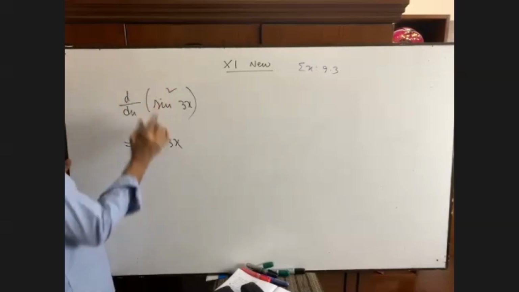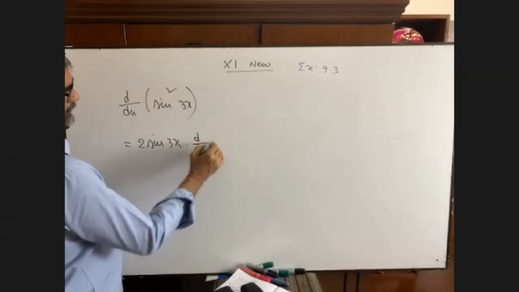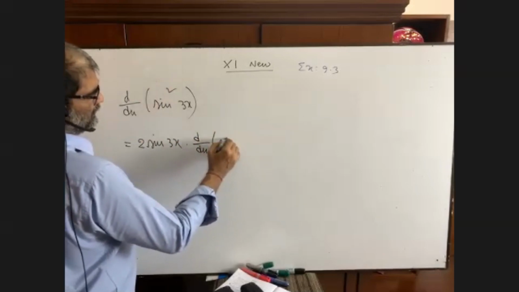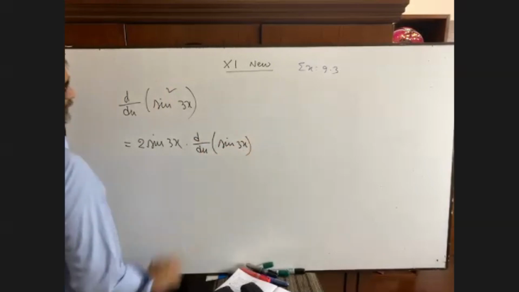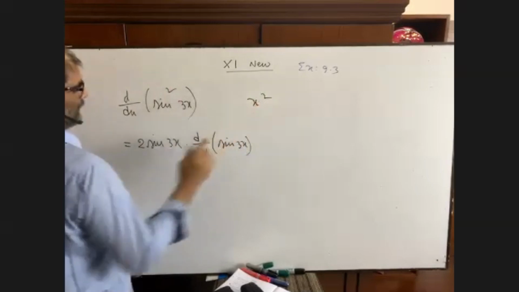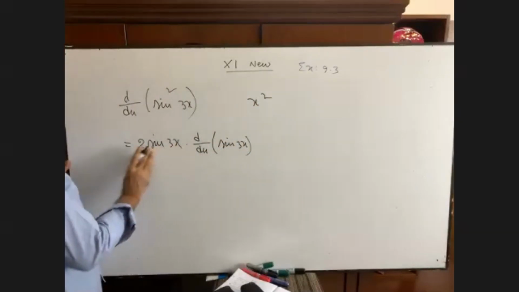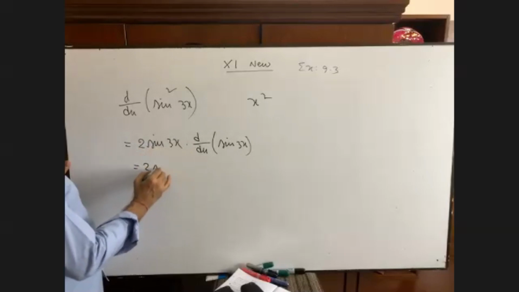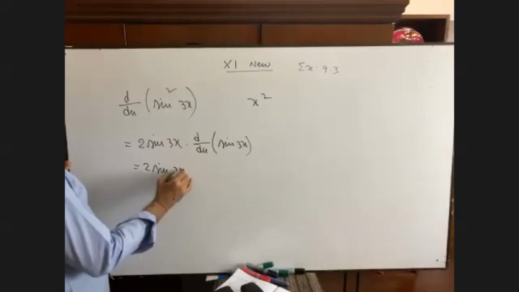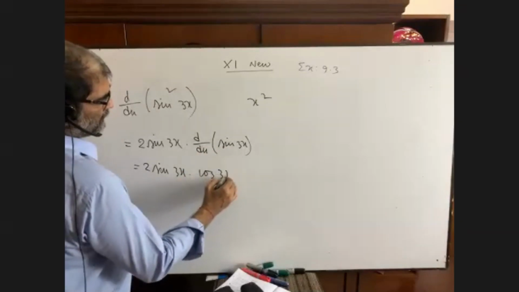If it was 3, then it will be a square. Then d by dx of sin 3x. At first, you have to find which one is x. You compare with x square, so 2x. So x is this, sin 3x is x. Now you see, it is 2 sin 3x. What is the derivative of sin 3x? Cosine 3x.